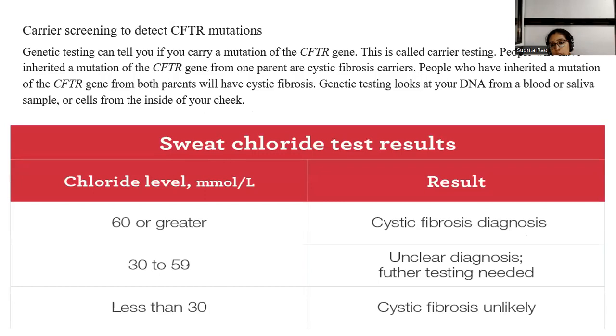Now, how do we screen for cystic fibrosis? First and foremost is the sweat test, which is the first thing I told you. Sweat is where there will be a greater amount of chloride present, so this is a clear indication. 60 millimoles per liter of chloride or more is positive for cystic fibrosis.